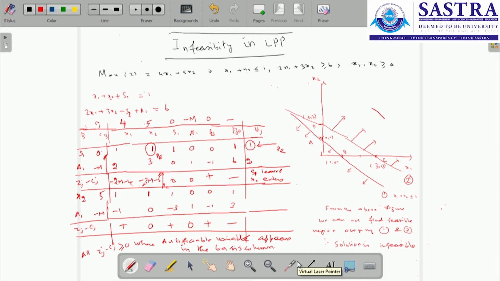All those less than or equal to inequalities will have slack variables introduced on the left, and for all those greater than or equal to inequalities we will have an artificial variable as well as a surplus variable. That surplus variable is termed S2, the artificial variable is termed A1, and the equal to symbol stands for equating the LHS and RHS with the help of artificial and surplus variables.